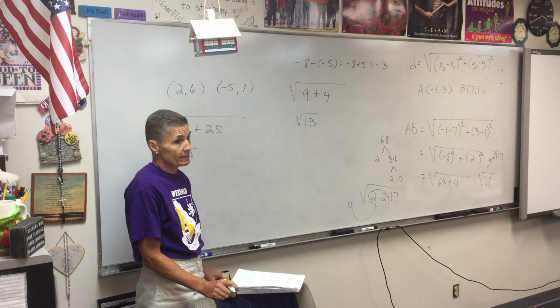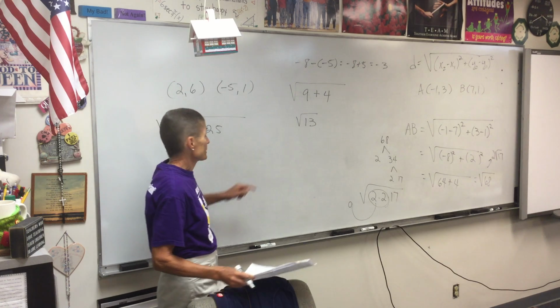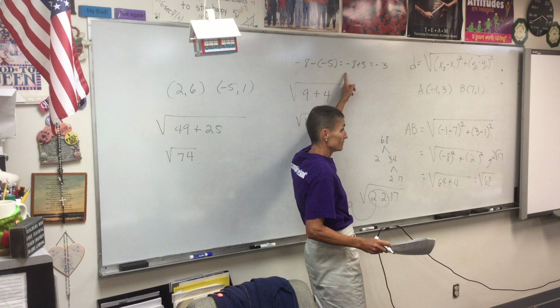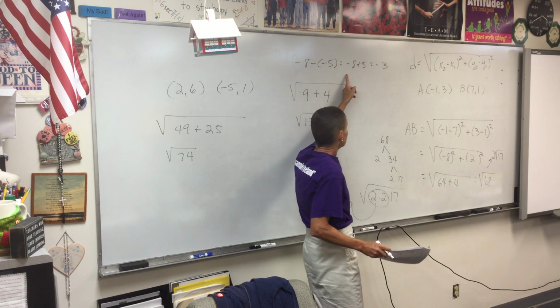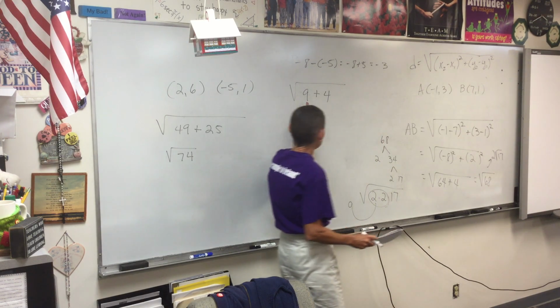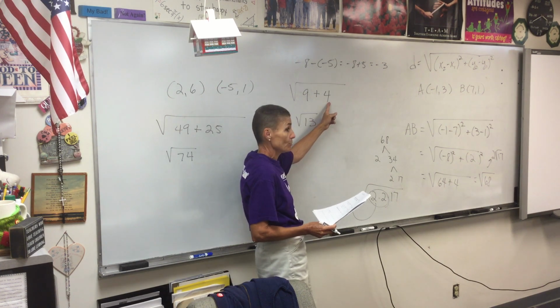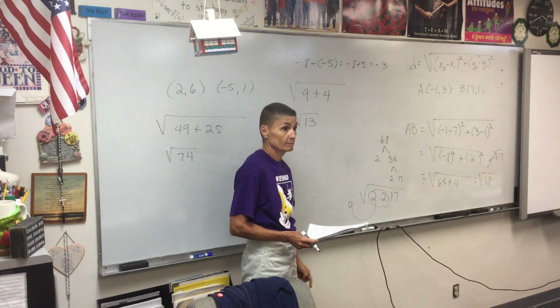I got root 13. And I got root 13 because negative 8 minus negative 5 is actually negative 3. And when I squared it, I got 9. And then 4 minus 2, I got 2, squares to 4, root 13.